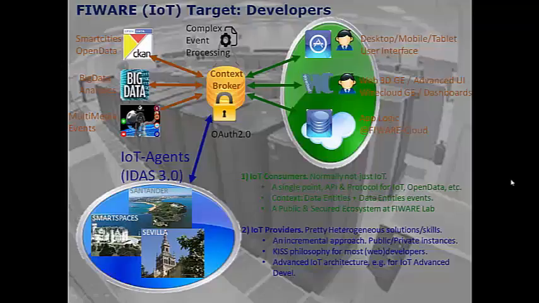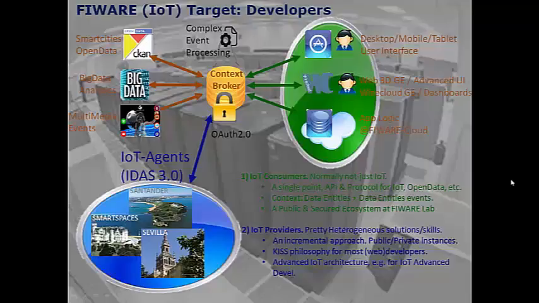So for these players, the context broker acts as a single point of contact. It's a concentrator of the API and all the protocols for IoT, OpenData, etc. Everything is connected to the context broker. All the data producers get the data into the context broker, and then the IoT agent just consumes it.